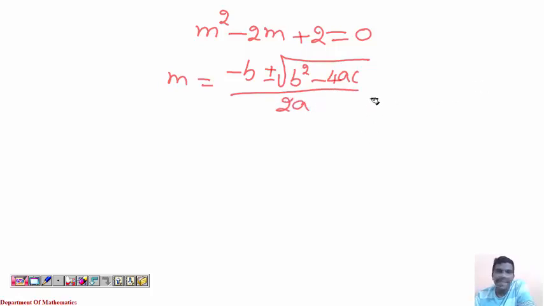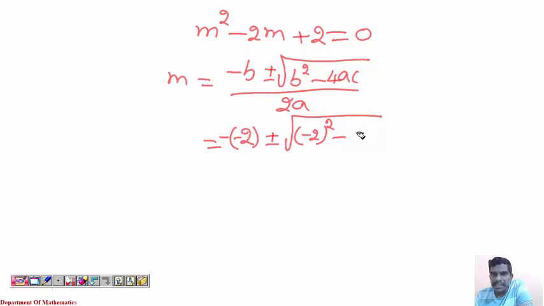You can also use a calculator to obtain this solution. Which is equal to, here I will show you, 2, because minus of minus, plus or minus the square root of minus 2 whole squared minus 4 into a value 1 and the c value 2, whole divided by 2 into 1.